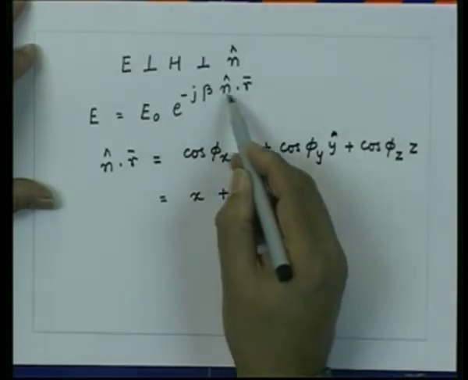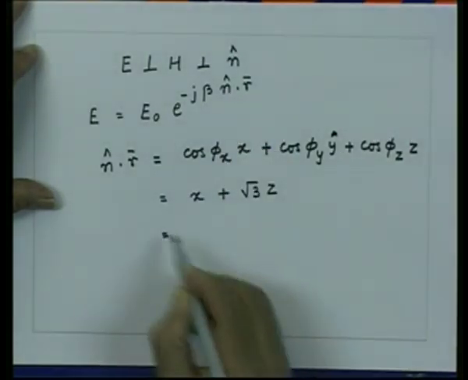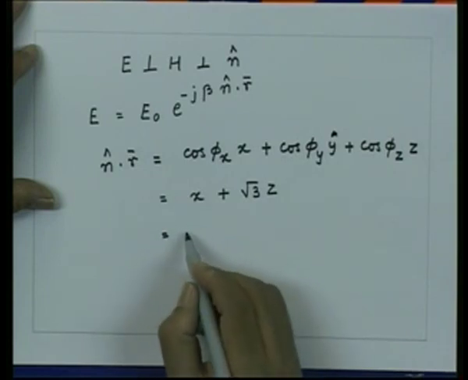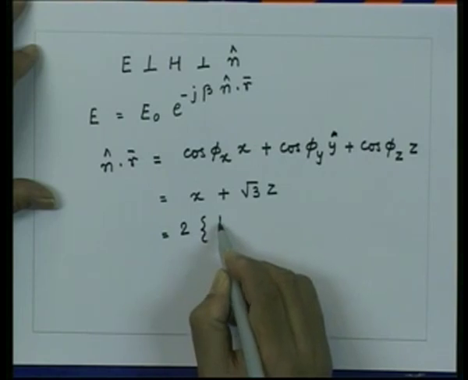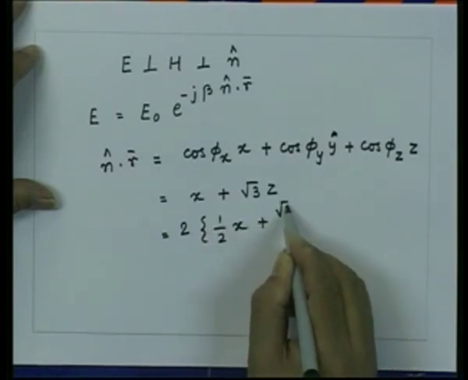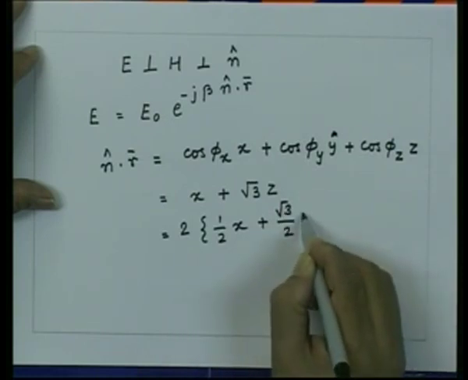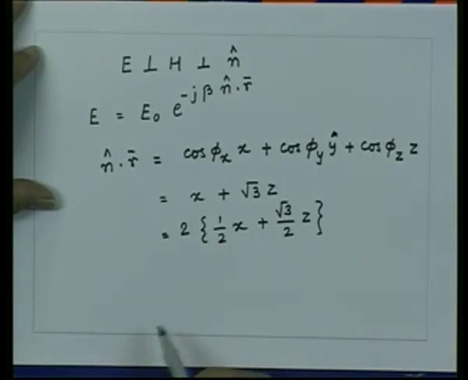So, if you write this quantity appropriately, we can take this as 2 times (1 upon 2 into x plus root 3 upon 2 into z). That is the quantity which represents the n dot r.